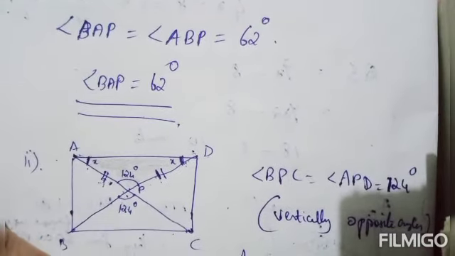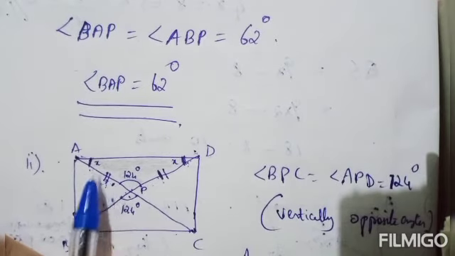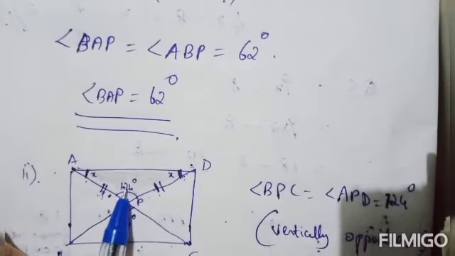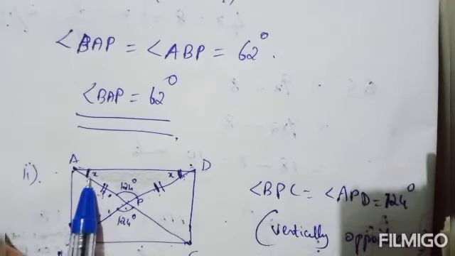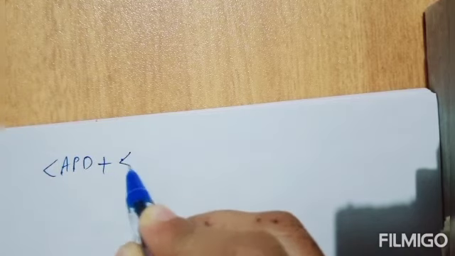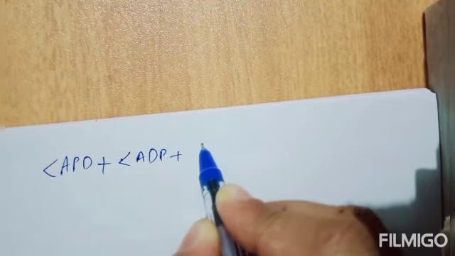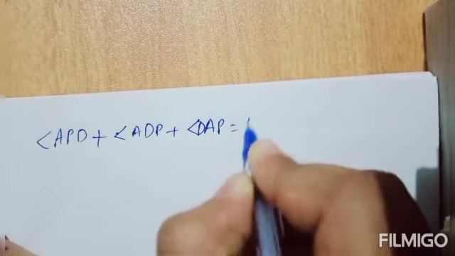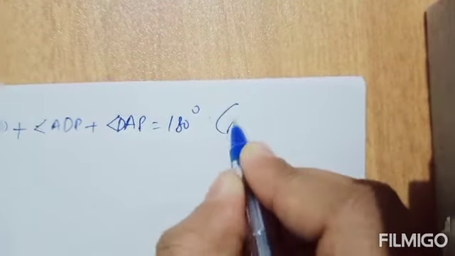Now applying angle sum property in triangle APD. The sum of three angles of a triangle is 180 degrees. So angle APD plus angle ADP plus angle DAP equal to 180 degrees by angle sum property.